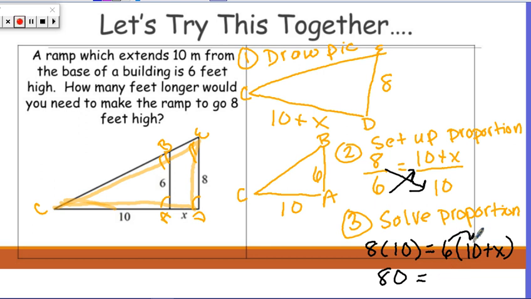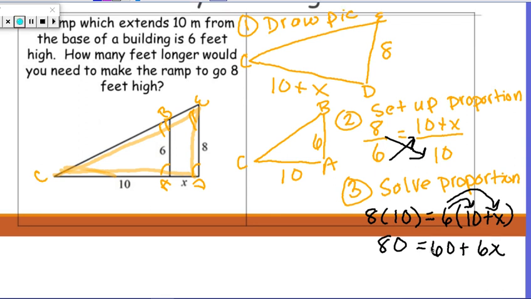So 6 times 10 and then 6 times x, so you get 60 plus 6x. From here, you solve this equation. If you need more practice with solving equations, please hit up Google or YouTube to get more practice so that you'll be okay with this part. We'll spend some time in class, but not a lot.